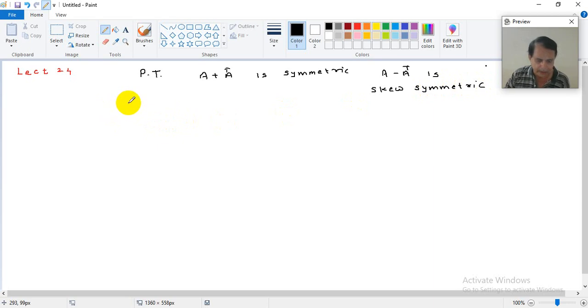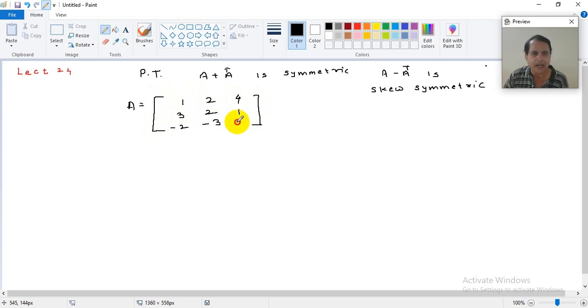So here A is given as first row is 1 2 4, second row is 3 2 1, and third row is minus 2 minus 3 and 2. Any matrix in general you can take. What is A transpose?